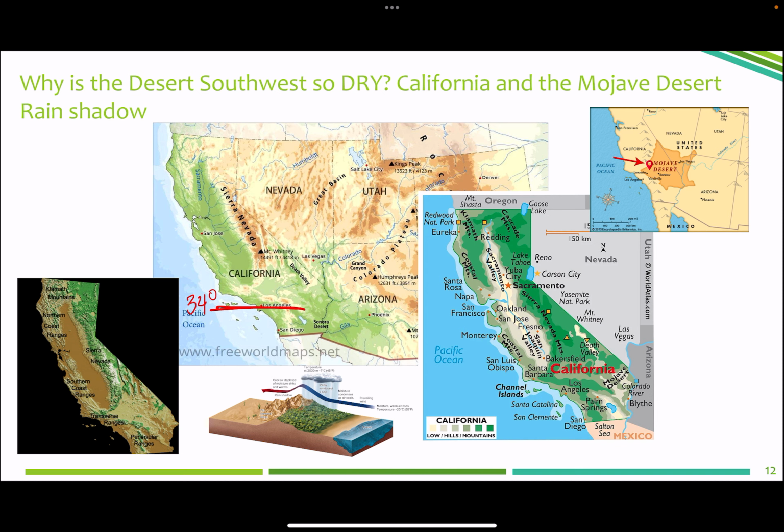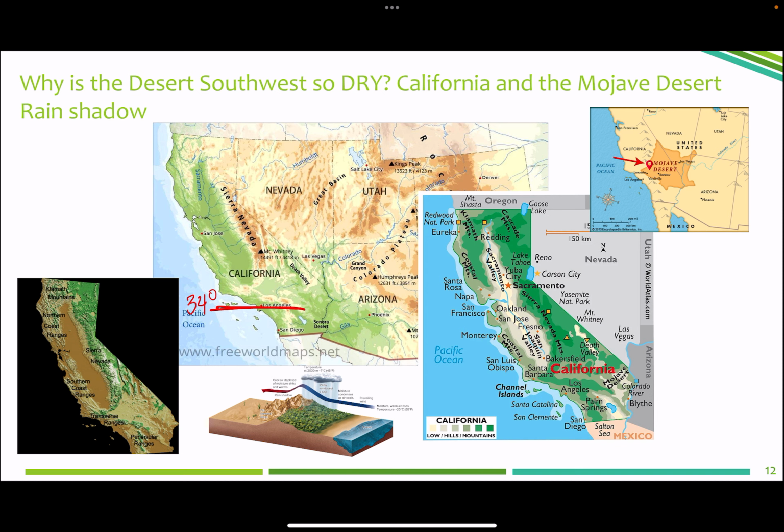Remember, all of the water in the air has fallen at the equator, and that warm, dry air moves northward. And so that warm, dry air then falls over Southern California, most of California actually, and all of the desert Southwest. And so that is why the United States is generally a bit drier than our tropical regions.